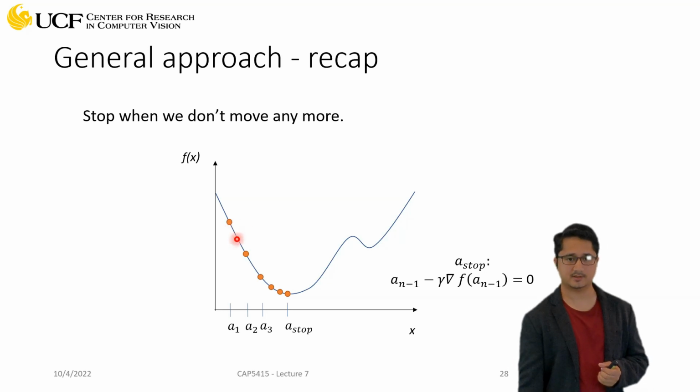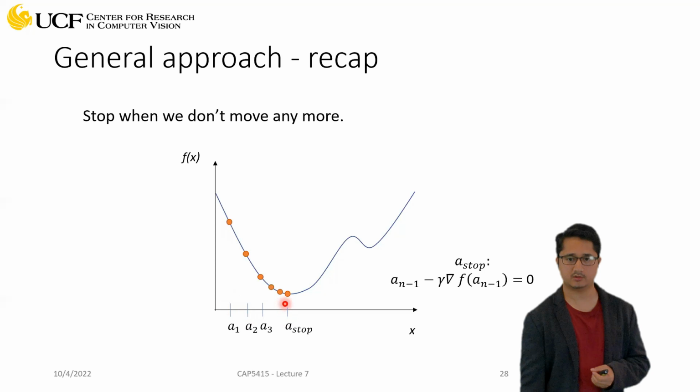So let's say you initialize your network with A1. Your loss value will be something like this, because that's your loss curve. The goal is we want to move this point in this direction and reach this point. Then your loss value is reducing from this level to the minimum level, and your network parameters are going from A1 to A stop.